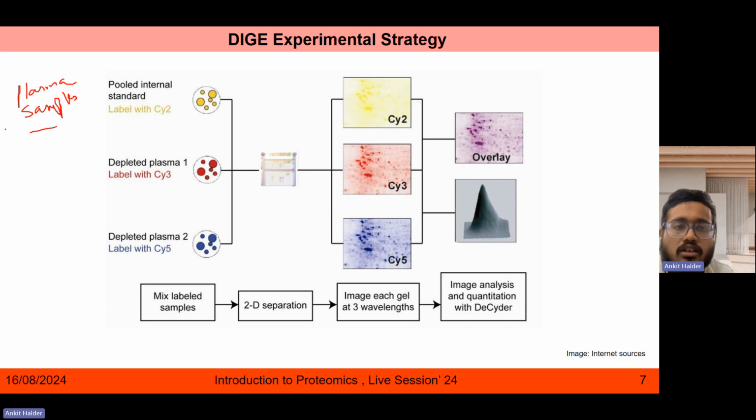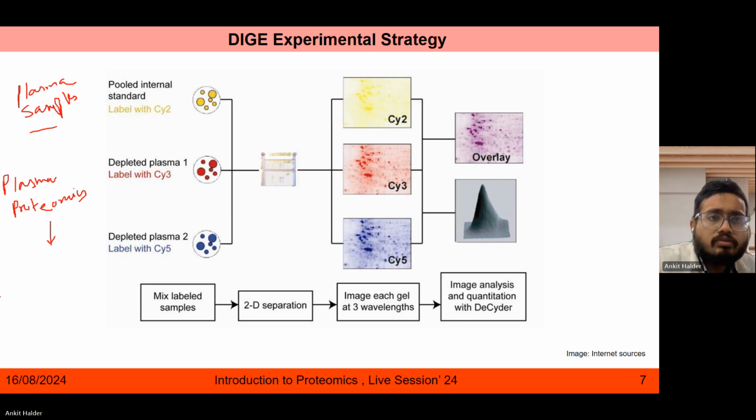First of all, can anyone of you tell why it is depleted plasma? In case of plasma proteomics, there are abundant proteins.